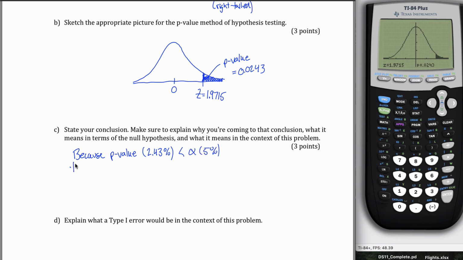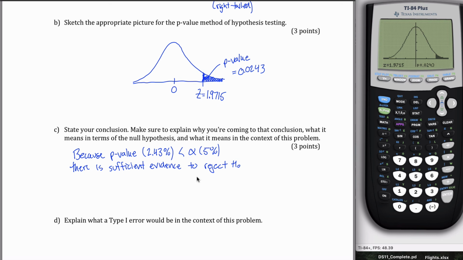What's that mean? There is sufficient evidence to reject the null hypothesis. Anytime your p-value is less than alpha, you reject the null hypothesis. Anytime your p-value is not less than alpha, you can't reject your null hypothesis.